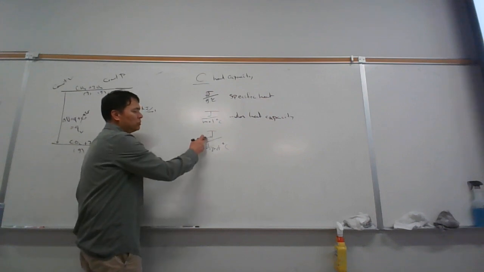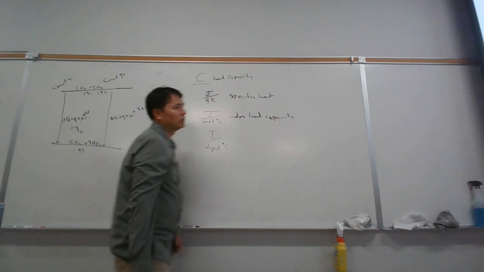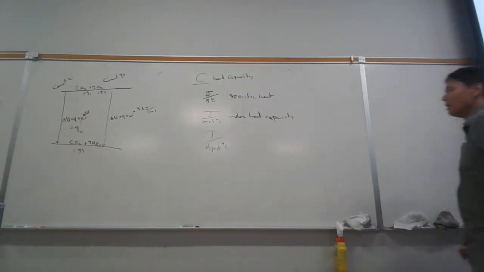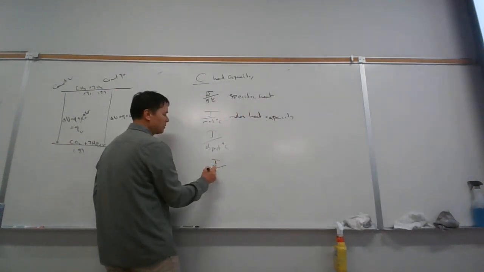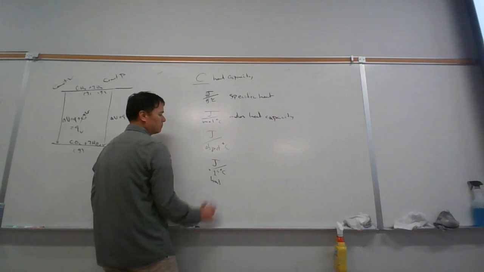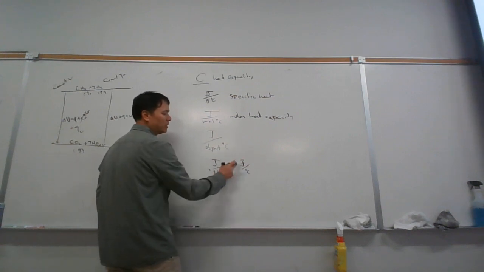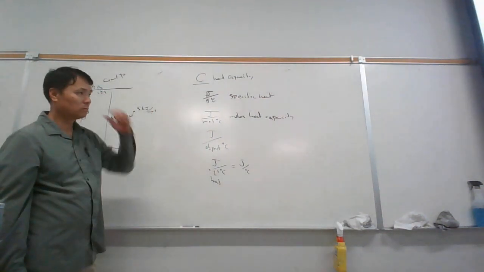And so this could be joules per brick per degree C. Or, we only use one bomb. If there's only one bomb, then it's going to be joules per degree C because we have just one bomb. And so most of the time, we'll never have two bombs, so we'll just call it joules per degree C. And so that would be the other unit.